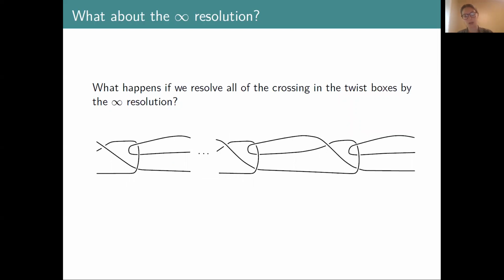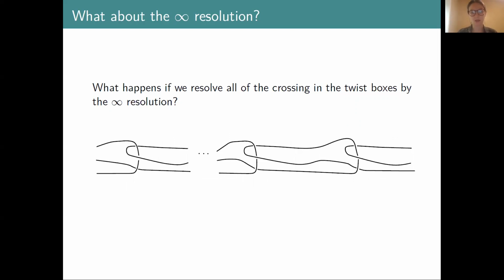Well, I get a diagram like this, and this diagram isn't alternating, but if I do an isotopy, so I've just dragged some strands around, I actually do get an alternating diagram, which is nice because alternating links are weakly quasi-alternating.